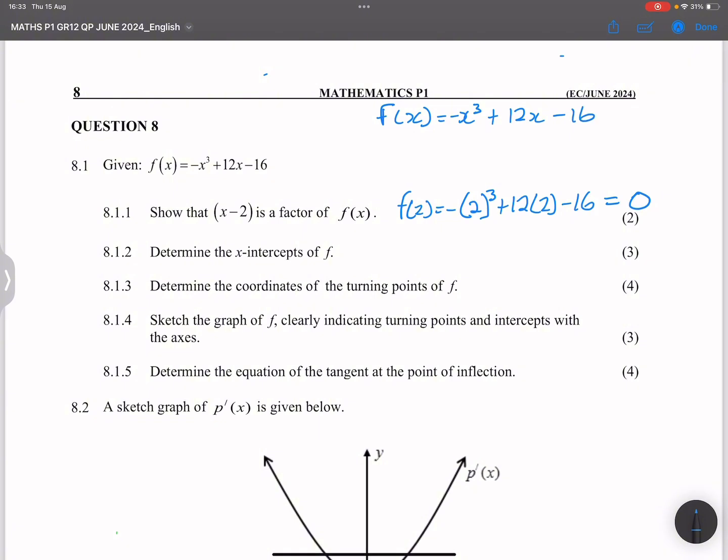If we factorize this, that means x minus 2, and now we need to find the quotient. So x multiplied by what will give us minus x cubed? That will be minus x squared. Let's look at the last term. Negative 2 multiplied by what will give us negative 16? That will be positive 8.